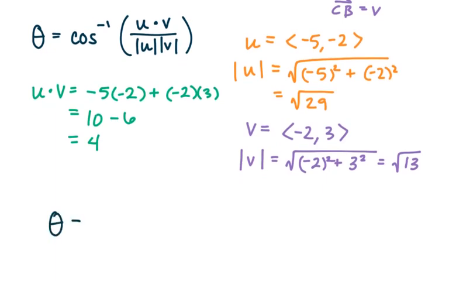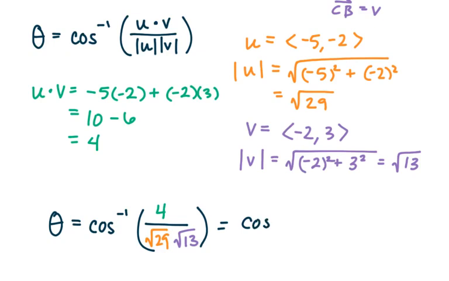Therefore, theta is cosine inverse of u dot v, which is 4, divided by the magnitude of u, root 29, times the magnitude of v, root 13.